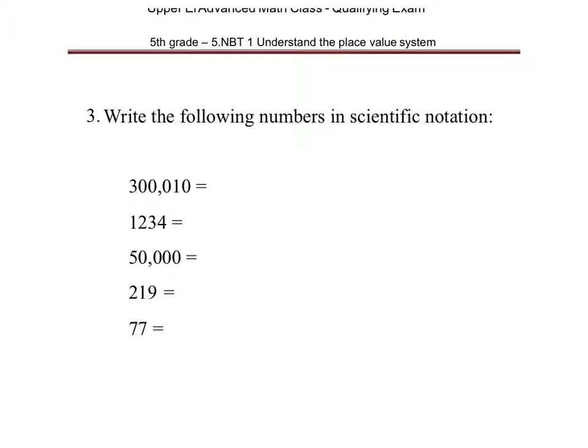So we need to write a number between 1 and 10. Okay, so it'll be 3, and in this case, we need hundred thousandths, but just remember, the digits stay together. You're just moving the decimal place. So we have 3 zeros and a 1. So 100 thousand you get with 5 zeros, so it's 10 to the 5th.